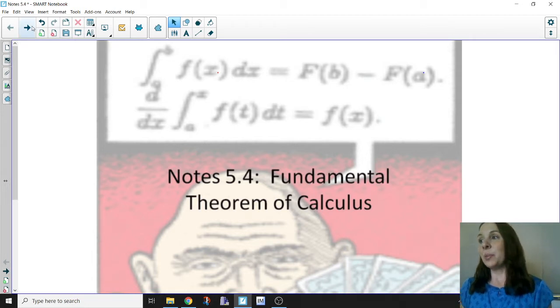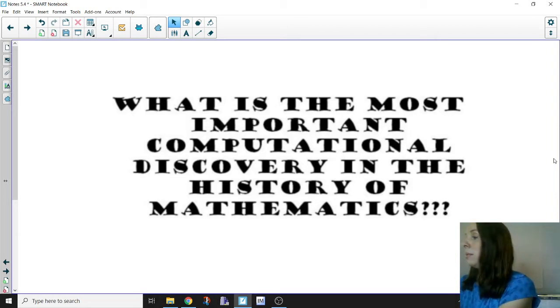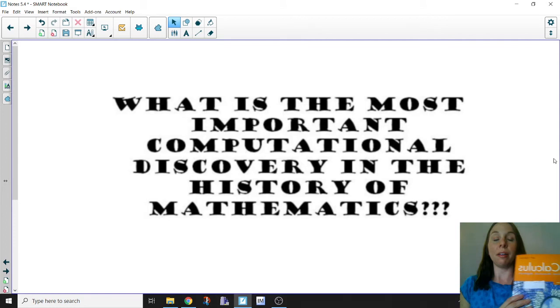All right, let's start with a huge question here. We got to start big for this section. What is the most important computational discovery in the history of mathematics? Well, according to the authors of our textbook, Finney, Demana, Waits, and Kennedy, this section presents the discovery by Newton and Leibniz of the astonishing connection between integration and differentiation.